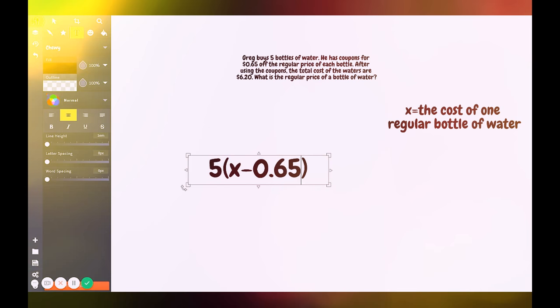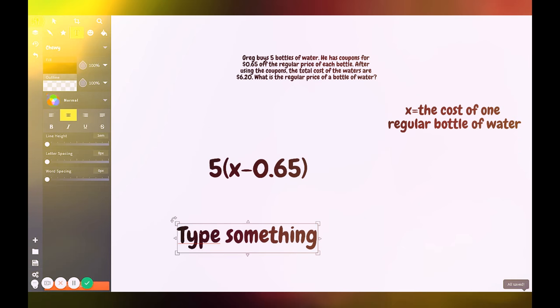Okay, so now we can finish our equation. The finished equation is now 5 times, in parentheses, x minus 0.65 equals $6.20.